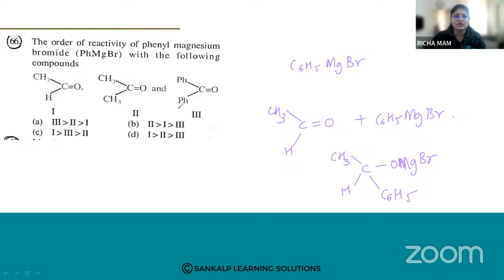So this is one. Then with CH3 C double bond O CH3, if I react, then what will I get here?